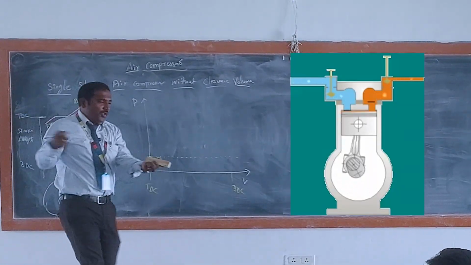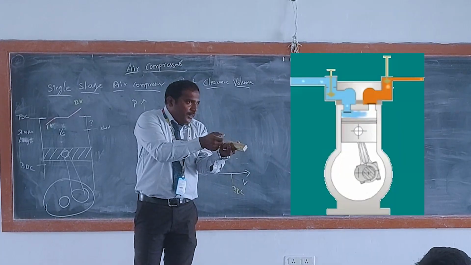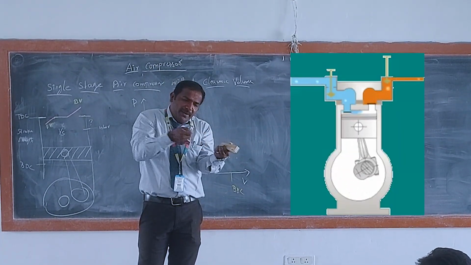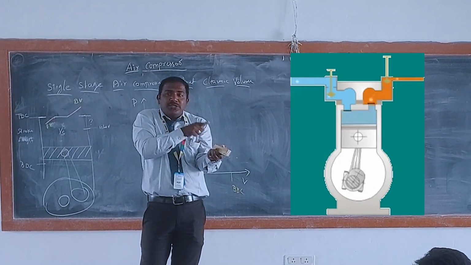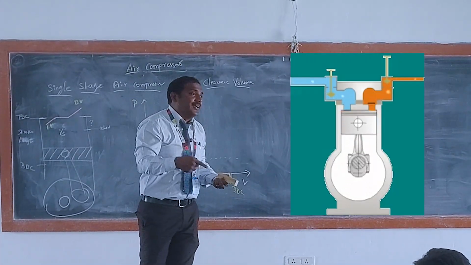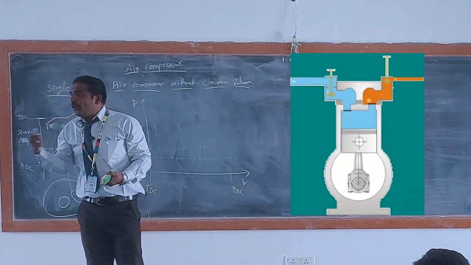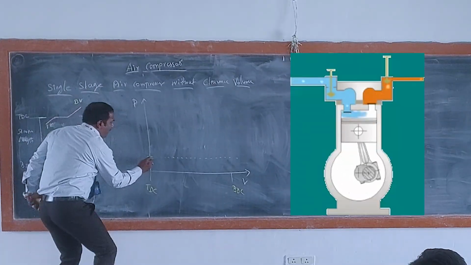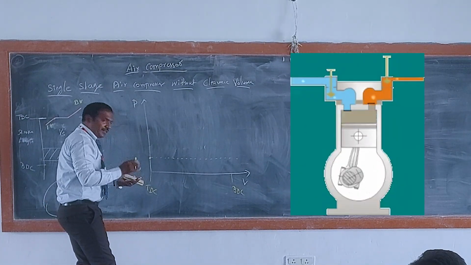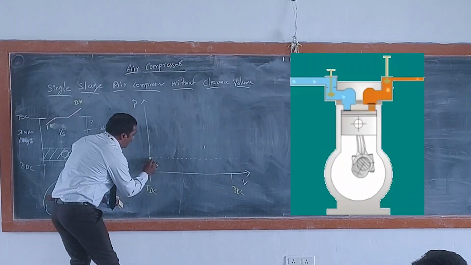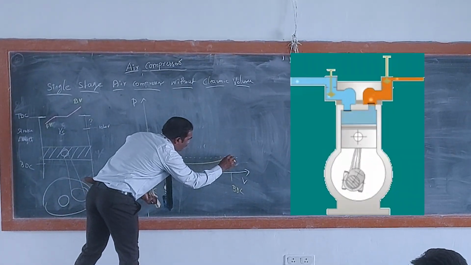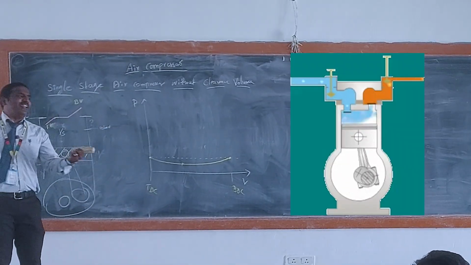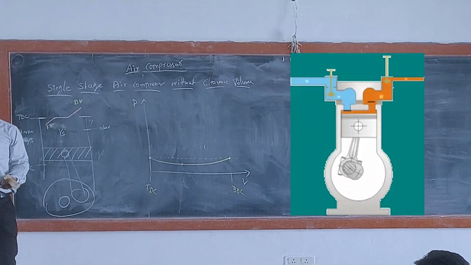Even if you go to a doctor, if they want to take blood from our body, they keep on drawing. Blood pressure has to compensate the vacuum pressure inside the cylinder, and until the vacuum pressure is compensated, air keeps on entering. So it will maintain vacuum pressure. This is actual, right?